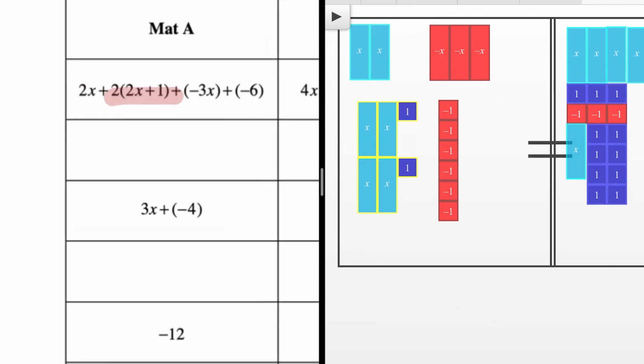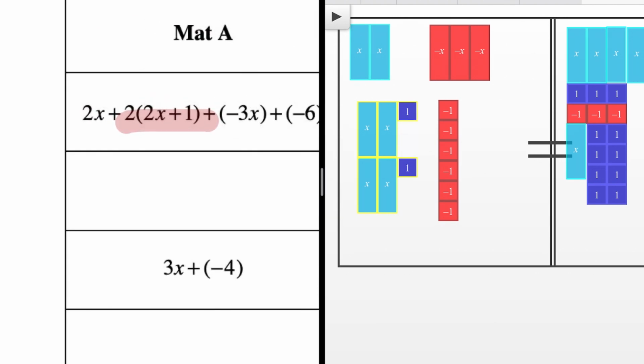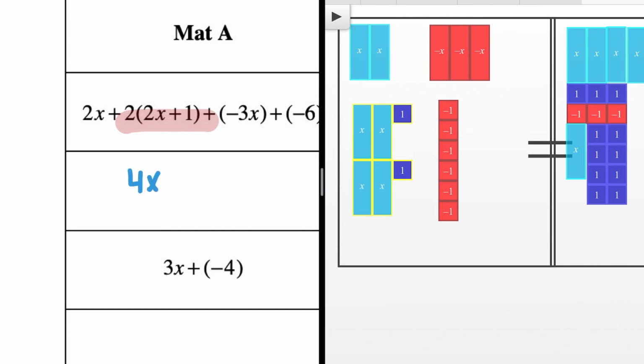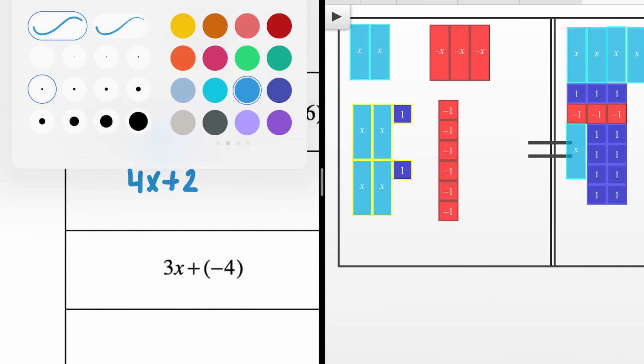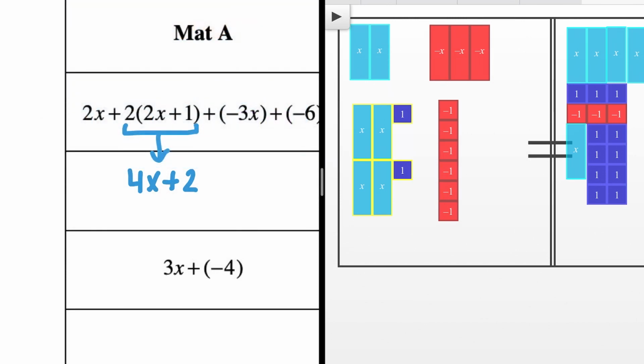So this is a hidden version of what we have right here. Okay. So what I'm going to write is 4x plus 2 instead of two groups of 2x plus 1. So that is represented right there. Okay, I'm going to go ahead and continue copying down the rest so that way you guys can see.